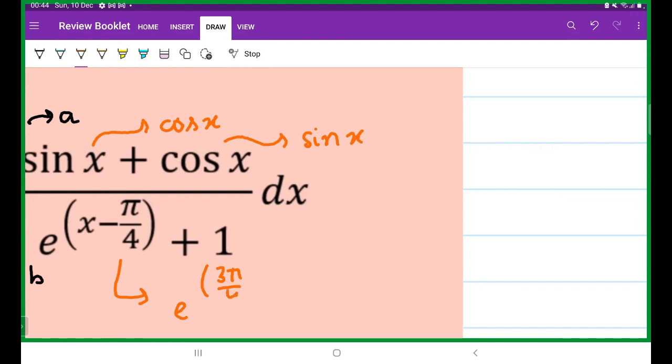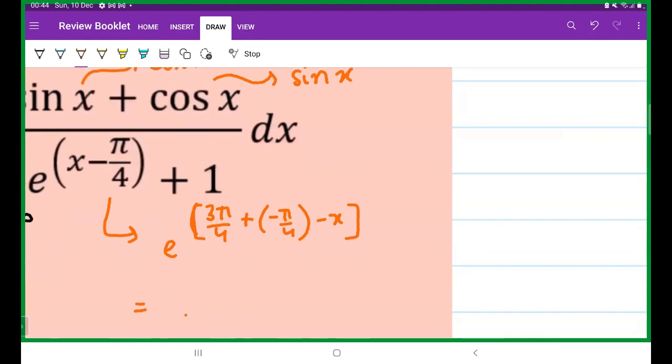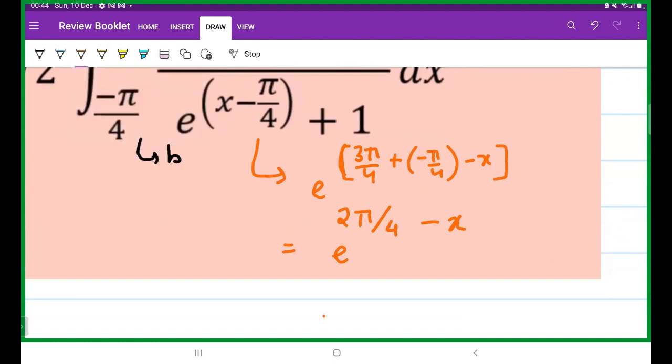3 pi by 4 plus, minus pi by 4, minus x, right? So this will look like e to the power 3 pi by 4, I'm sorry, 2 pi by 4 minus x, which is e to the power pi by 2 minus x.